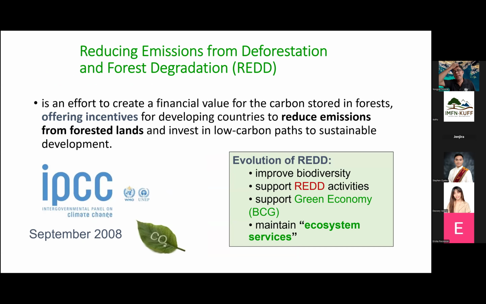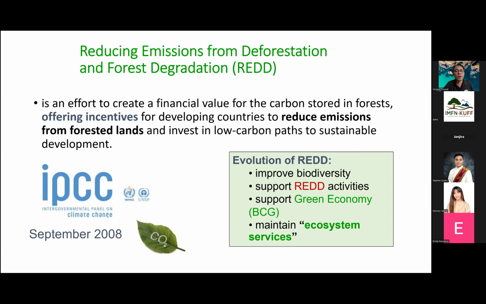So beside the theoretical system, so for the practice, the IPCC. So IPCC is the intergovernmental organization that promote the mitigation of the climate change. So about 20 years ago, so they promote the mechanism.